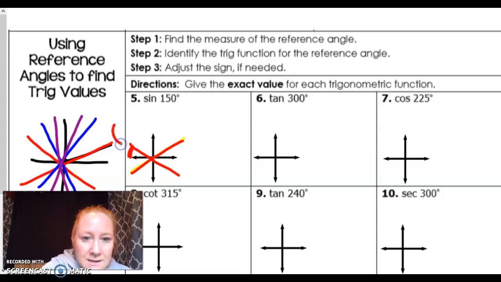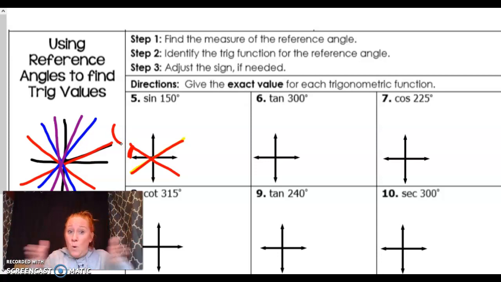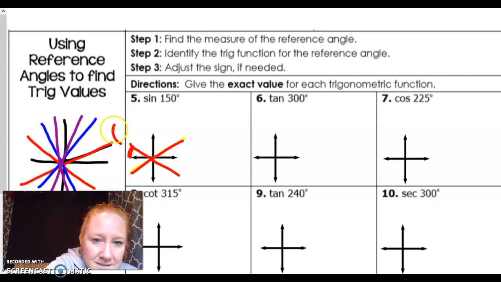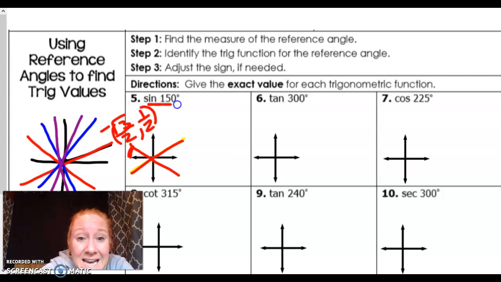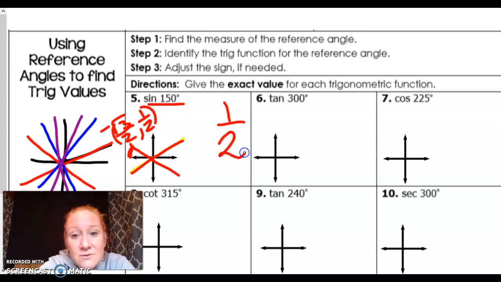I know that it's wider than it is tall, so that's going to give me a square root of 3/2 and a 1/2. I'm going to write that every time. One of those is negative because it's over there, so the x is negative. Then it asks, what is the sine? Sine is the y value, so your solution is 1/2.